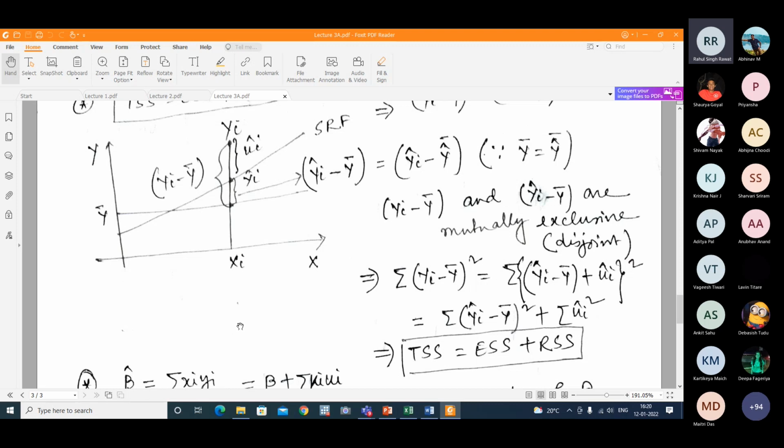So this is a very important derivation actually. Why am I saying so? This derivation actually gives us the R square value.